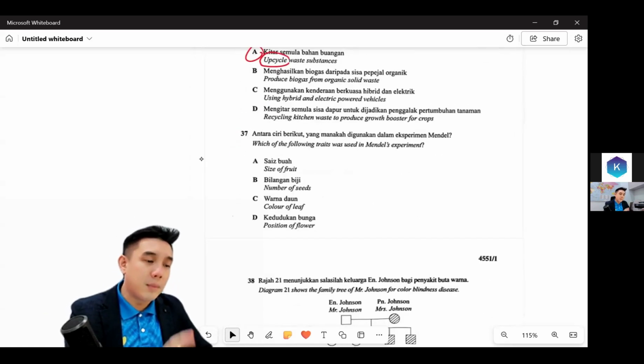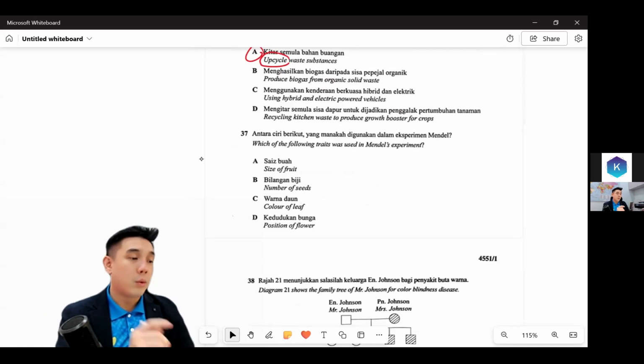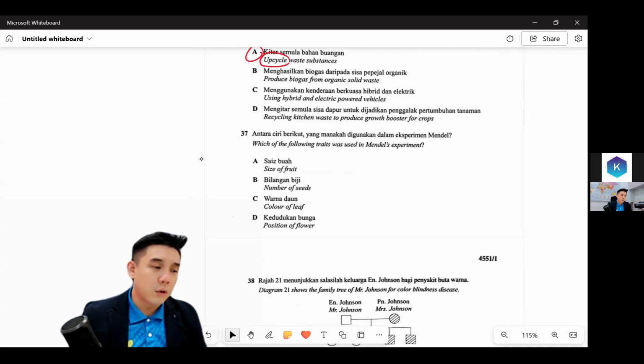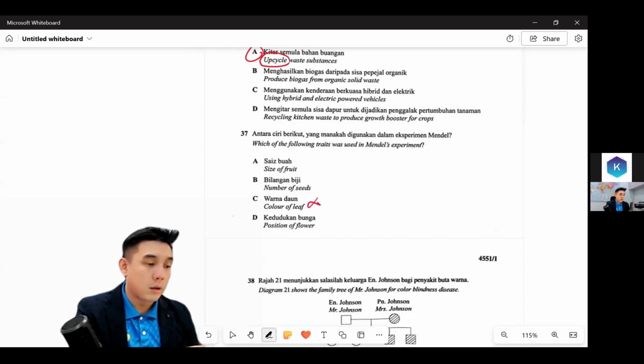Guys, 37, Mendel. Gregor Mendel. Which of the following was the trait used in Mendel's experiment? Color of the leaf, no. Size of the fruit.